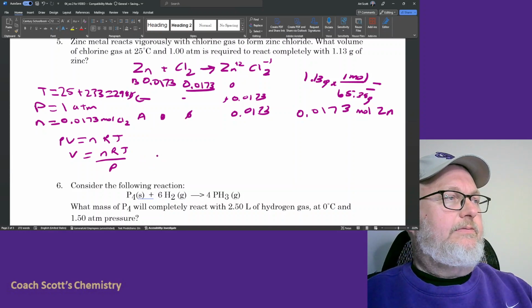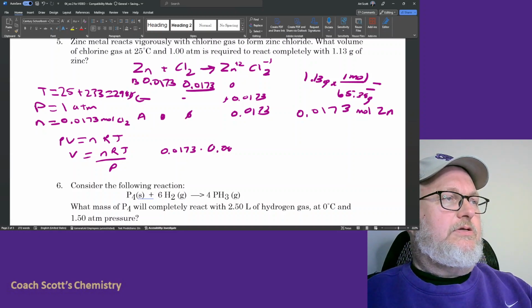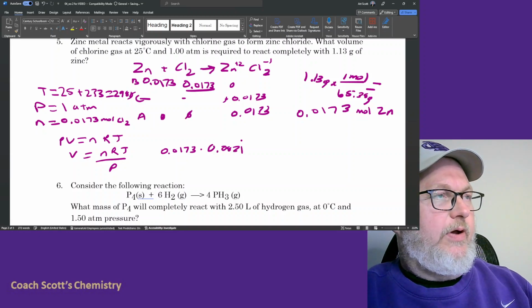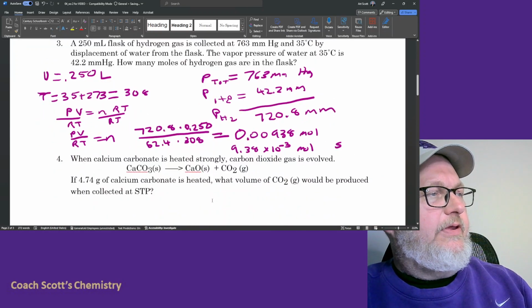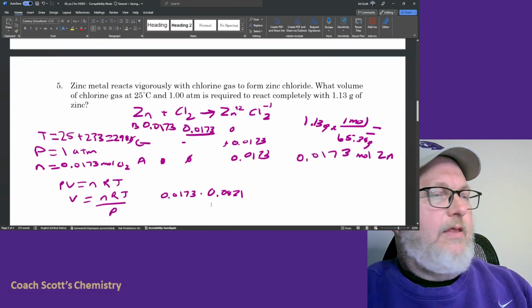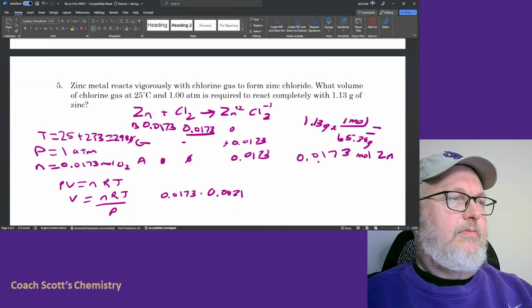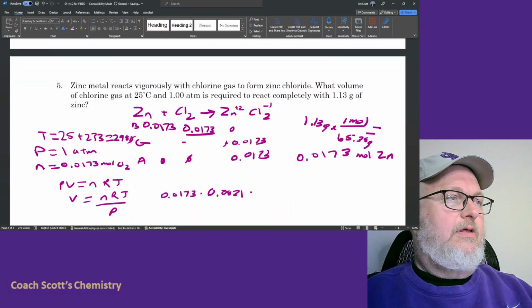So my n is 0.0173 times R. We're in atmospheres, so I've got to use 0.0821. Let's see why I know that. I went up to the very top, I look, just to double check, and there it is. So good. That's my R.